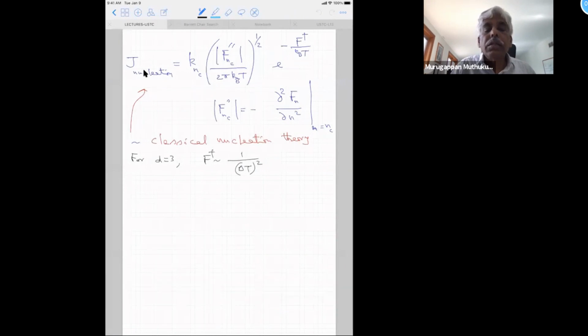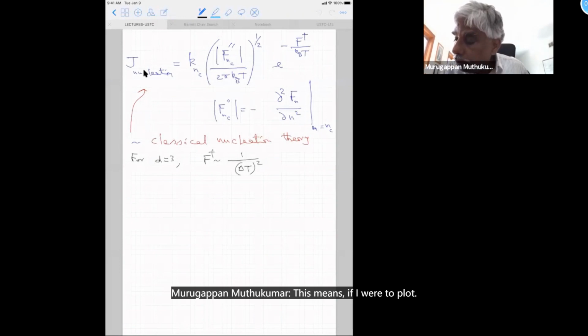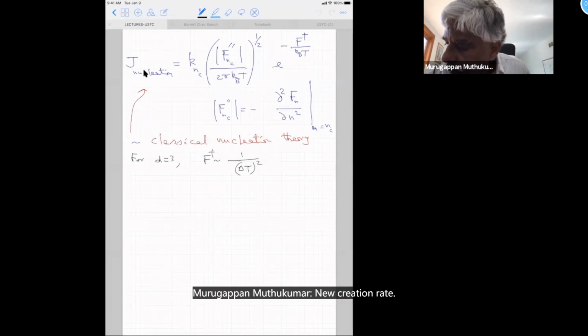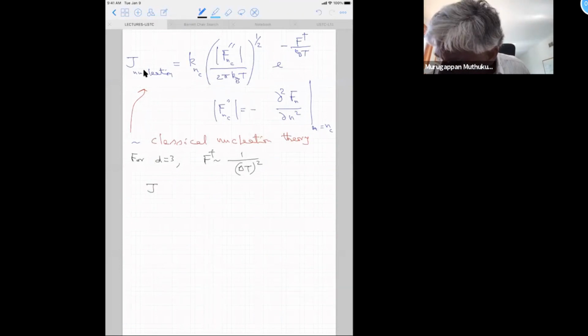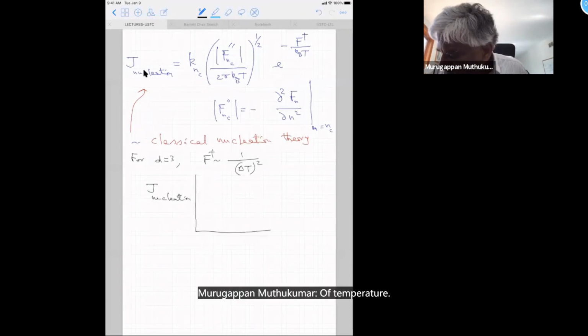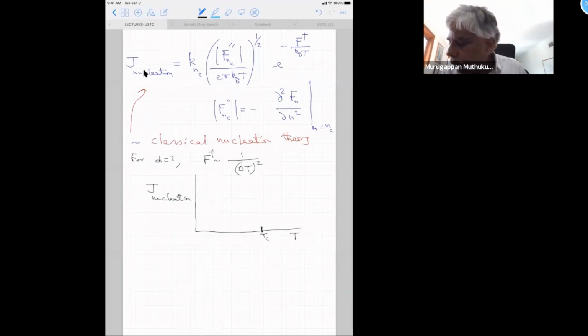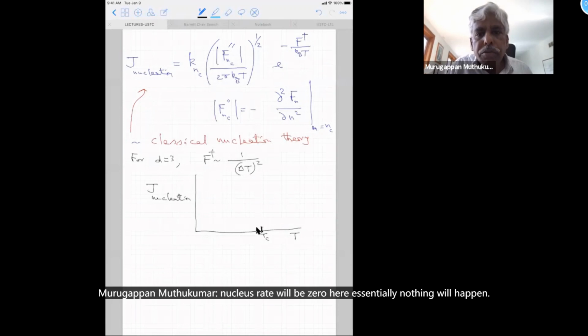Okay. This means if I were to plot nucleation rate as a function of temperature, and here is my T_C, nucleation rate will be 0 here.